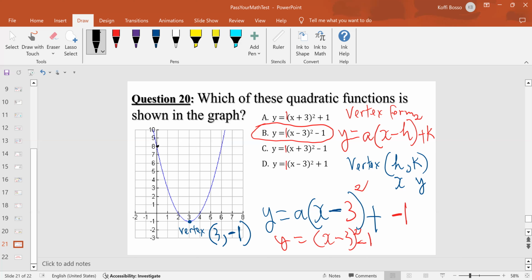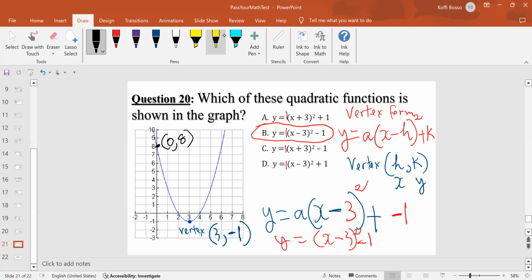So the y-intercept here is 8. As I said before in the video, the y-intercept is when x equals 0. So this point here has x value 0 and y value 8. So you could check one by one for which function x is 0 and y is 8.